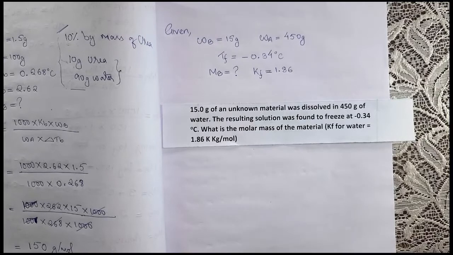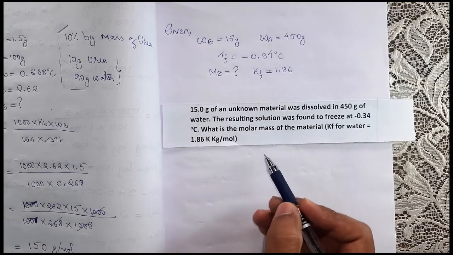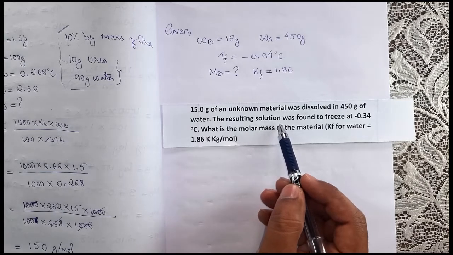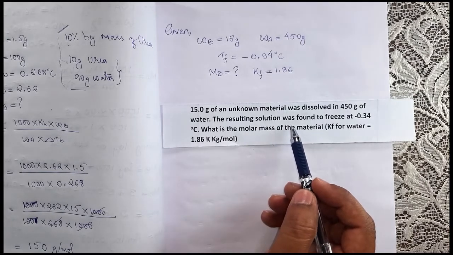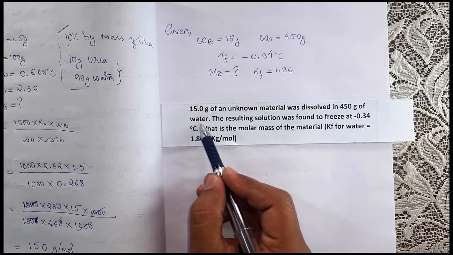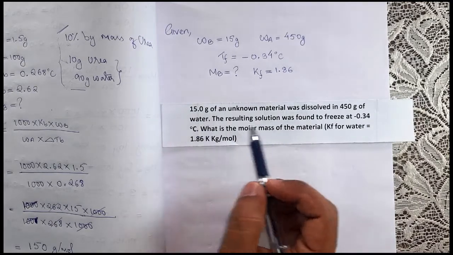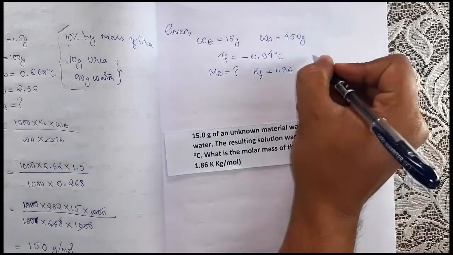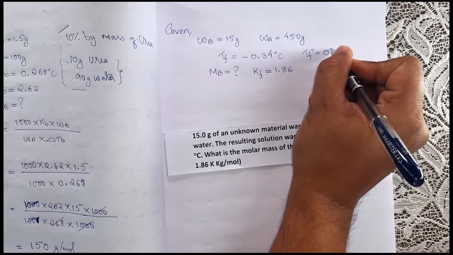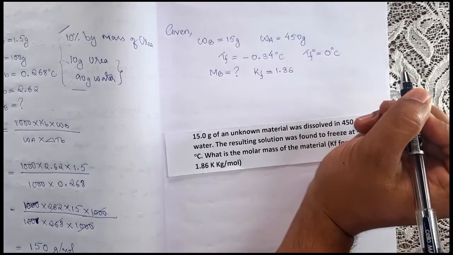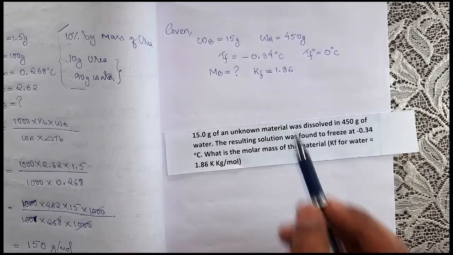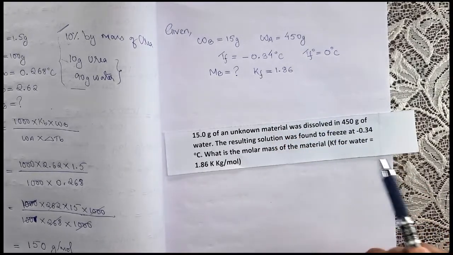If you look at the question out here, you will see that they have given freezing point of solution and they haven't mentioned freezing point of pure solvent, but we know that the solvent is water out here, and we should also know that freezing point of water is 0 degree Celsius. Freezing point of water is 0 degree Celsius.